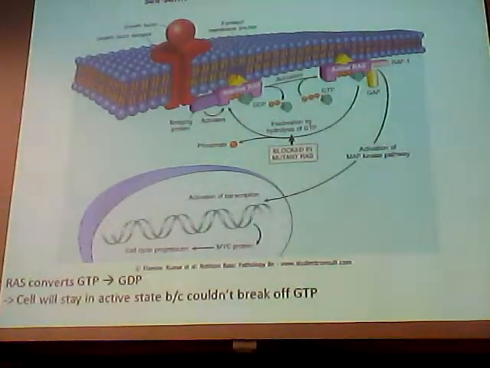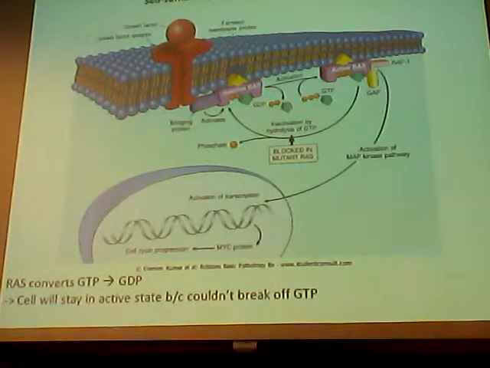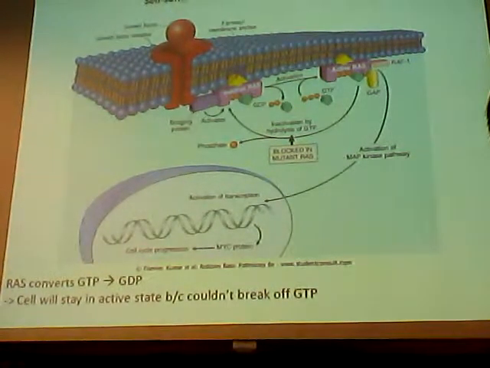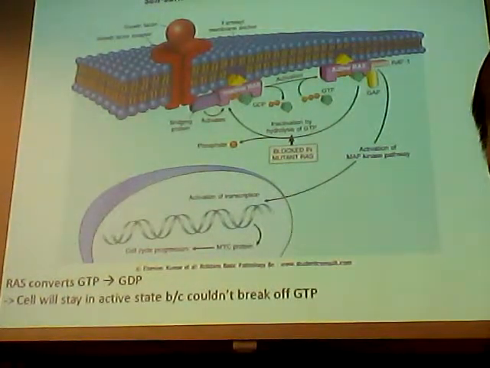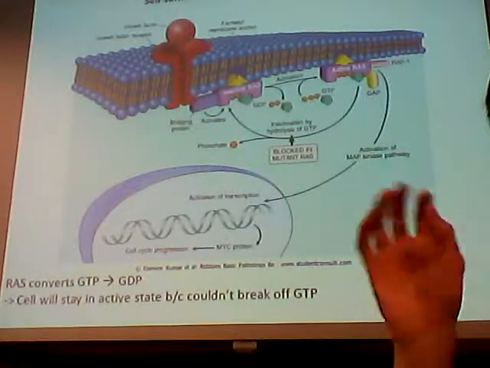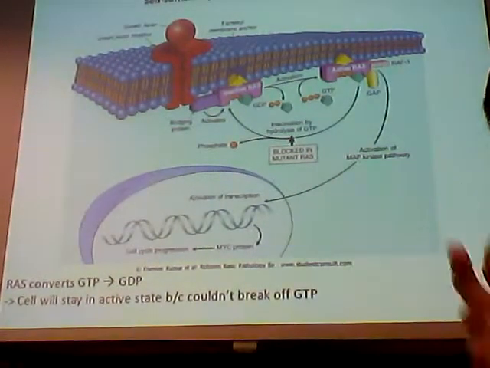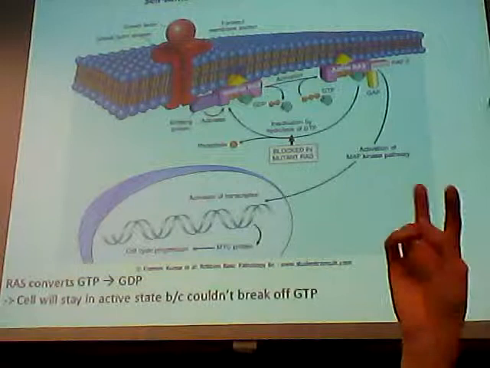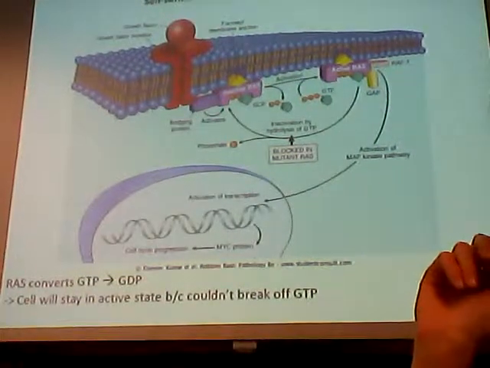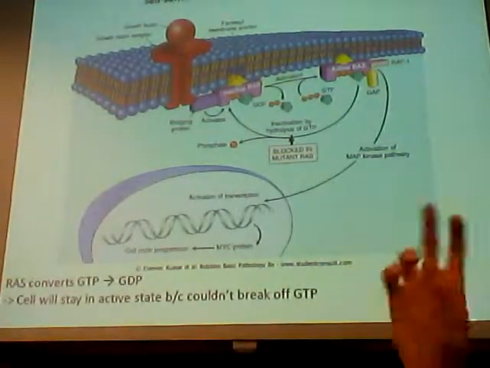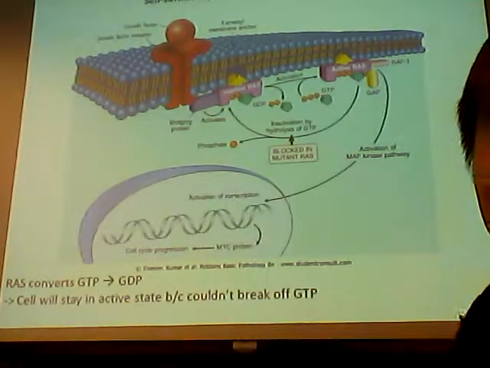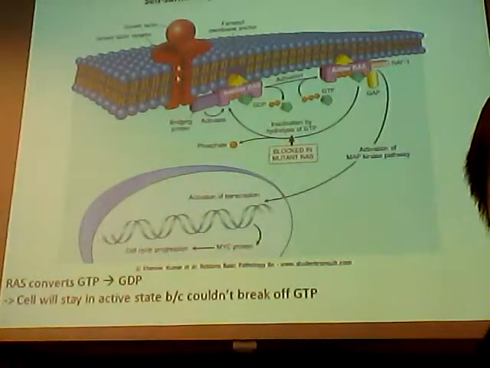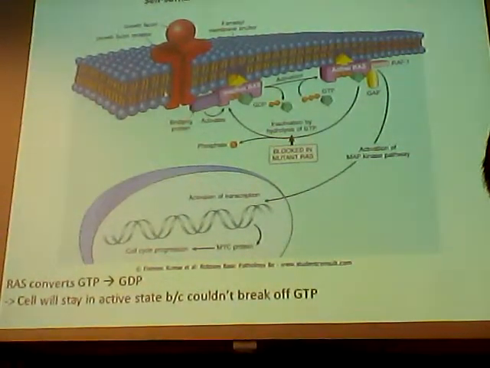So with self-sufficiency in growth signals, RAS. RAS is a protein responsible in this system to turn this signal off. Okay, let's start over. It's GPCR, the G protein coupled receptor.